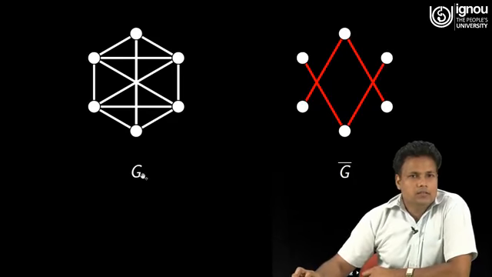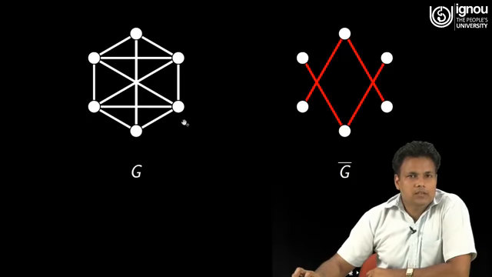Look at this graph G. It has 6 vertices, and you can see that its complement is this one, because the edges which are missing here are, for instance, look at this pair, there is no edge here, and hence that edge is present in G bar. Similarly, there is no edge between these two vertices, and hence there is an edge here.